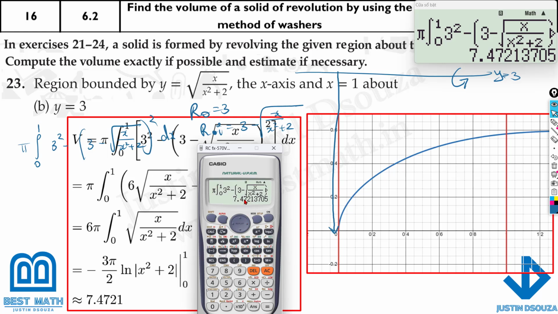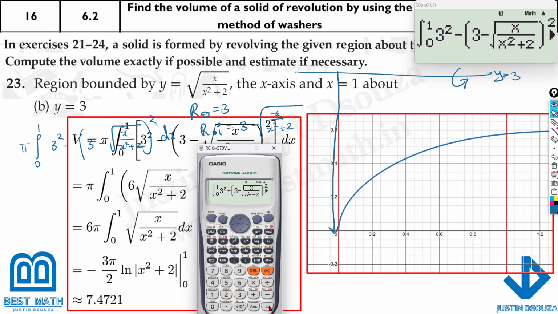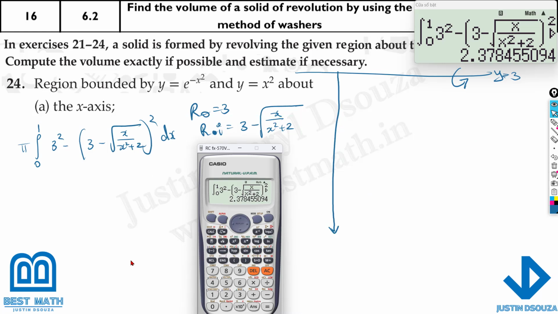Or instead of 7.47, you can write it in terms of pi. Whatever answer you get, it'll be something like 2.3. Just divide this by pi. It's better to divide rather than remove pi and do the integral. Anyways, you can write pi times 2.378 and then the final answer as 7.47. It's the same thing.